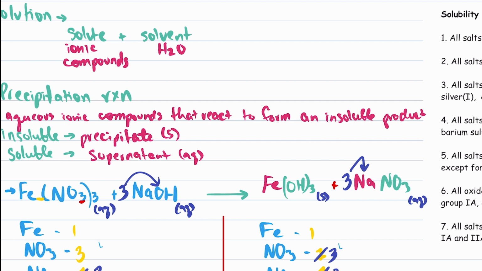Okay? Yes, ma'am. So does it have to be two insolubles? Two solubles to make it insoluble, or can it be like one insoluble and one solid? You know what I'm saying? So what this is basically saying is that if you have these two reactants, you mix them up, you're going to see a solid forming.